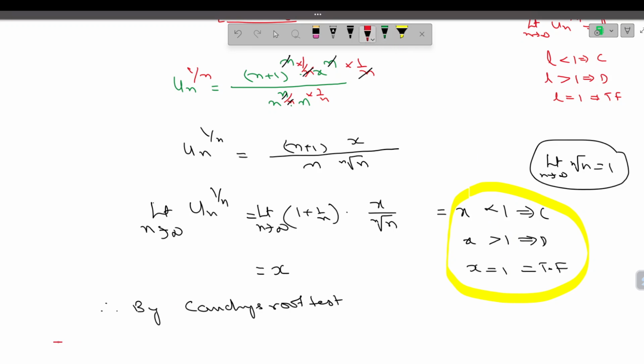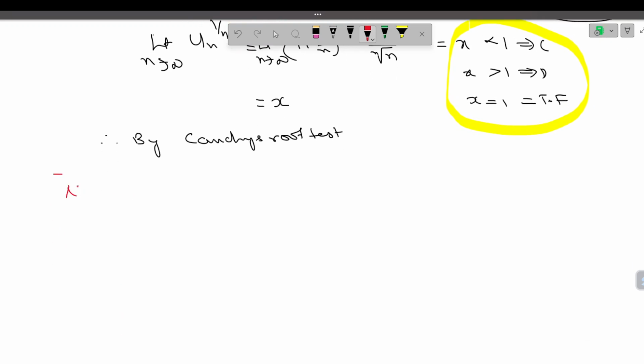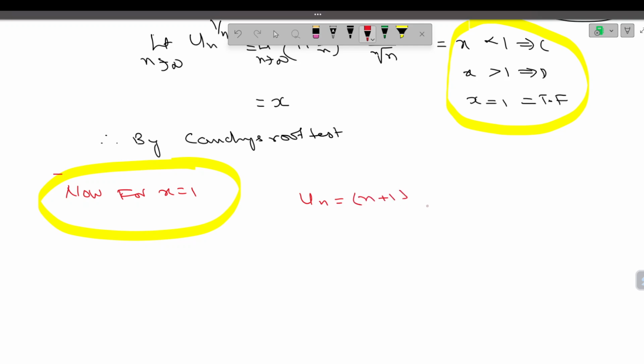Now for x equal to 1. What is our un? un equals (n plus 1) into x, whole to the power of n, divided by n to the power of n plus 1.